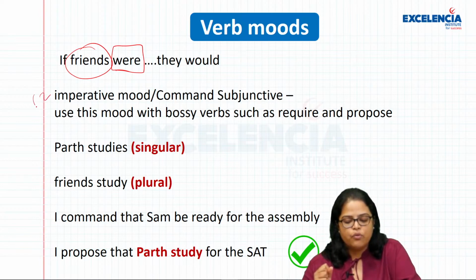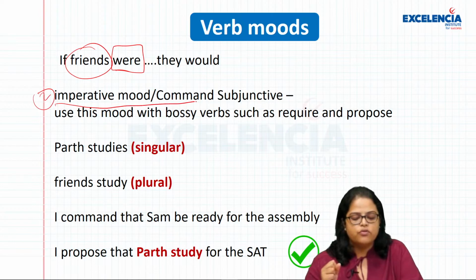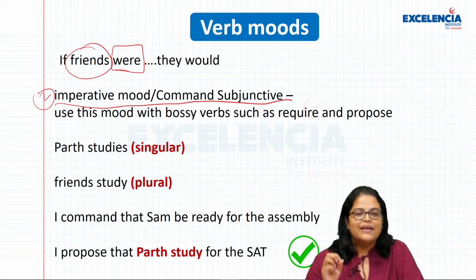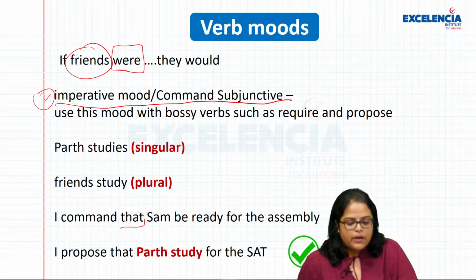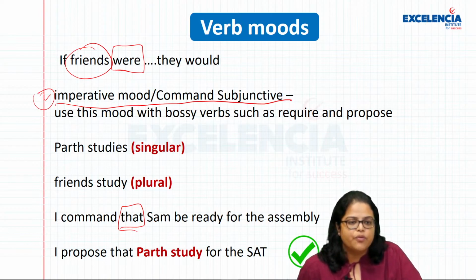And the second mood is the imperative mood or the command subjunctive. It says that whenever I use a command verb, it's going to be followed by a that. So I command that, I dictate that, I mandate that, I propose that, I request that, followed by whoever I'm commanding, followed by the verb in the base form.